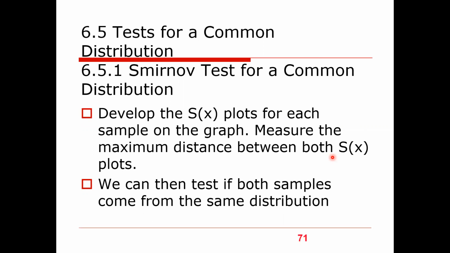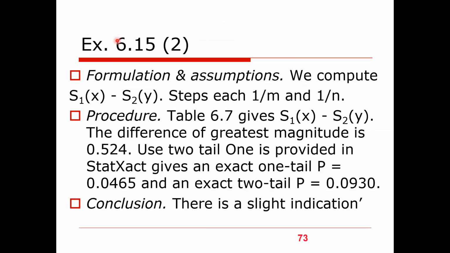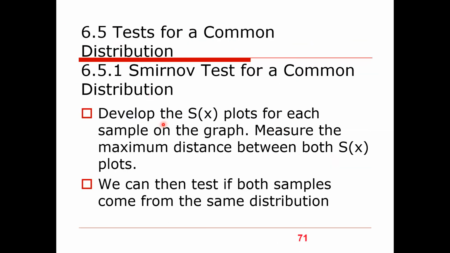You may have heard of the term Kolmogorov-Smirnov test, KS test, when we learned chapter 4, when we wanted to test the distribution of one sample, right? In R, it's the ks.test. Smirnov test can also be used for two samples. It has similarities with the Kolmogorov test.